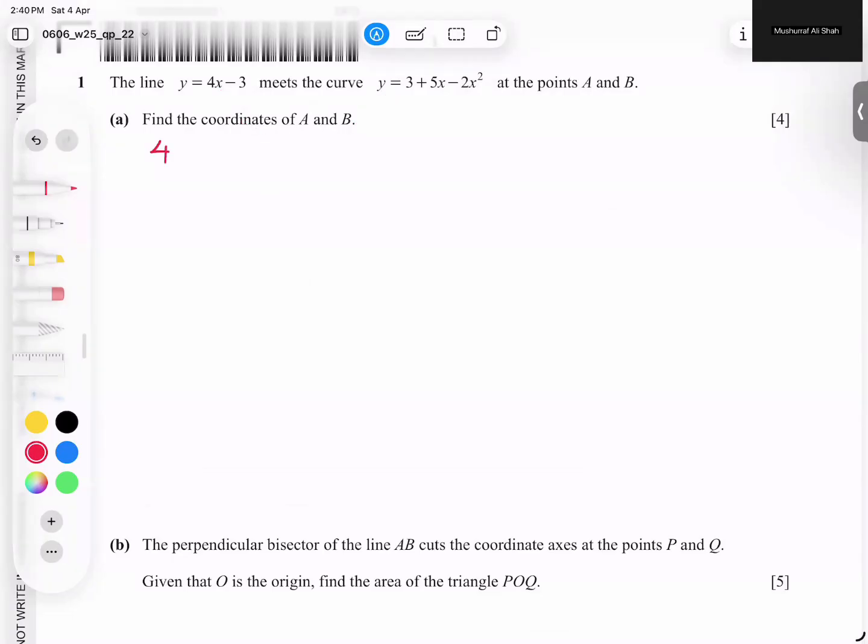So 4x minus 3 is equal to 3 plus 5x minus 2x squared. Now I bring all values to the left side. So I bring it here, 2x squared positive, negative x, negative 6 is equal to 0. Do it very carefully. So 6 2s are 12 and 4 3s are 12.